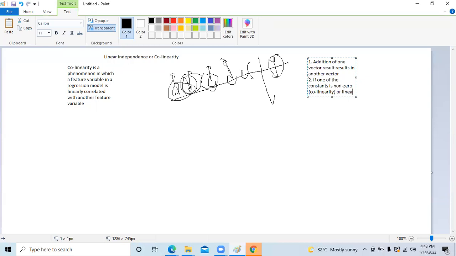And then if one of the constants is zero, right, then we have linear independence.